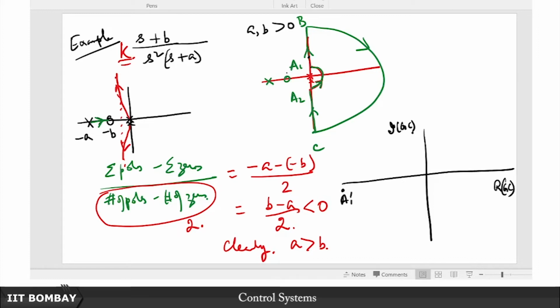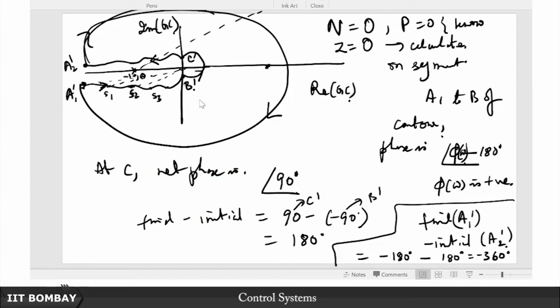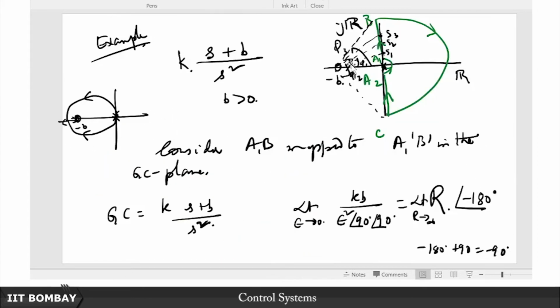Now see that the 0 is to the right of the pole. So at any point here, the 0 is contributing a greater positive angle than the pole. Whatever the 0 is contributing, the pole is taking away a bit of it, but what remains in this segment is still a positive angle. So it is like the effect of this 0 only, like we had earlier, 0 acting alone.